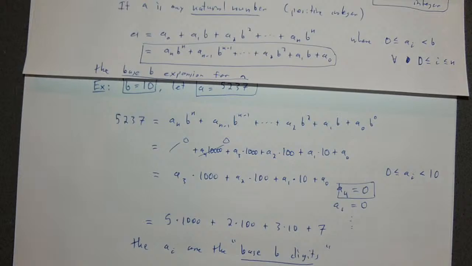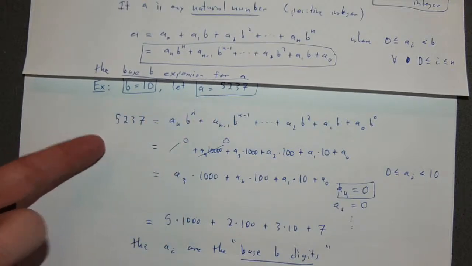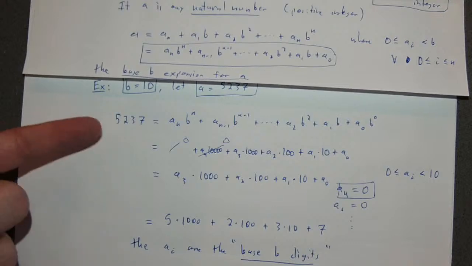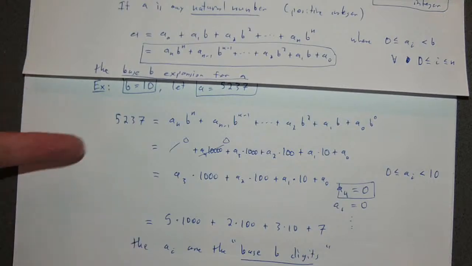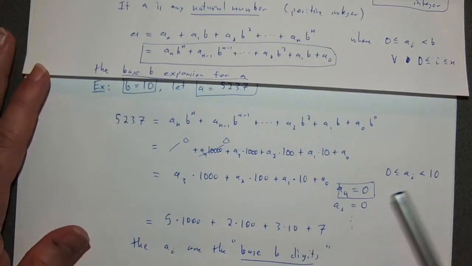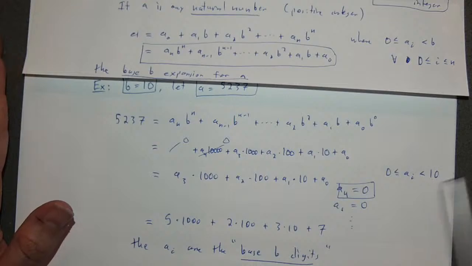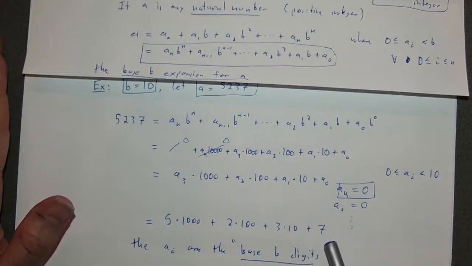Okay, so we're familiar with base 10. We are writing this in base 10, so we know that this is easy for us to describe because it's just the digits that we're used to. Okay. And so, yeah, the reason why these have to be strictly less than 10, imagine for a second that an a sub i was 10, right? What issue does that cause?